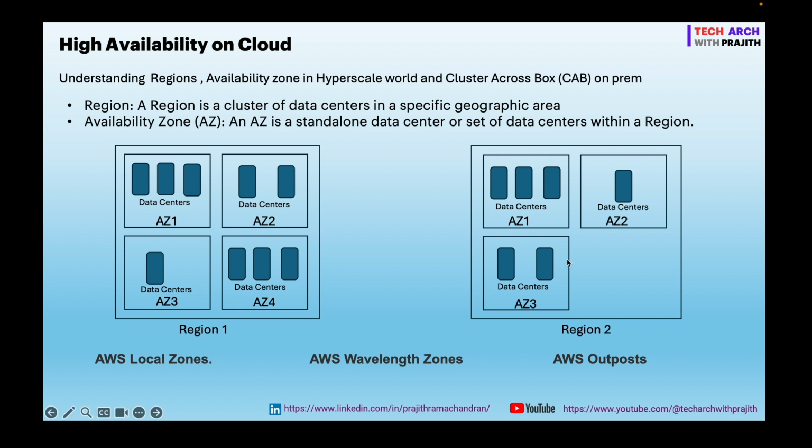So there is an availability guarantee for each of these availability zones, 99.99% available. But that is not available if you extend the infrastructure to your own site using AWS Outposts.